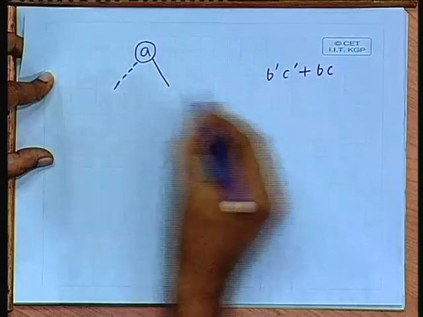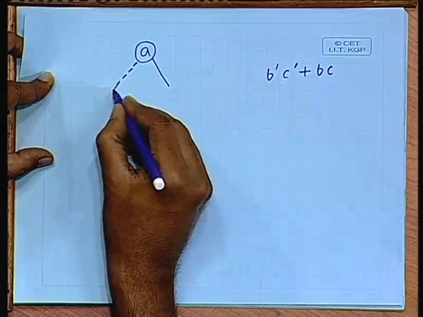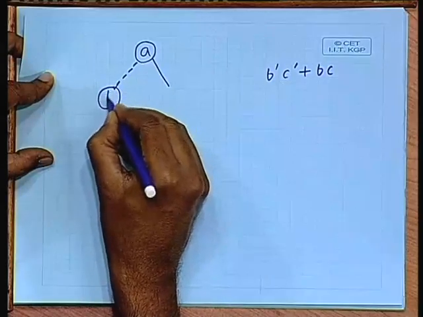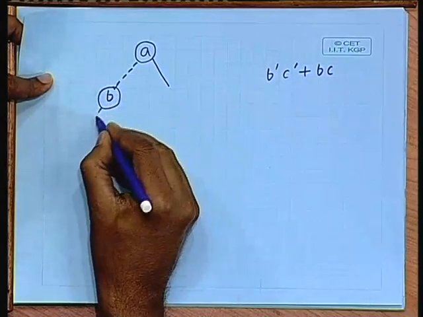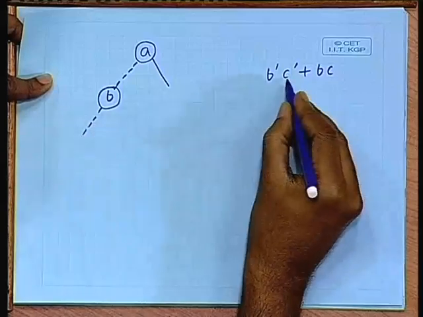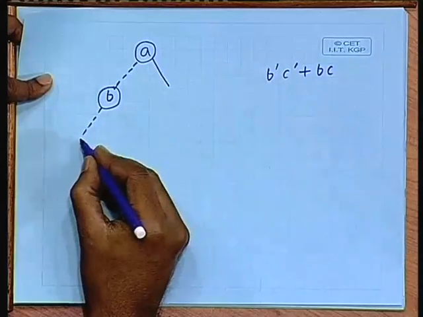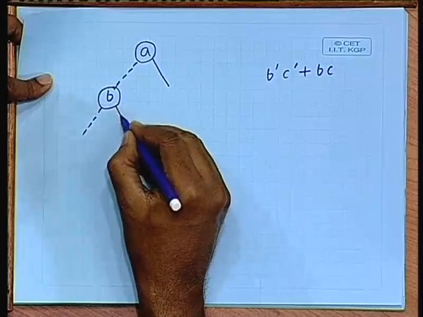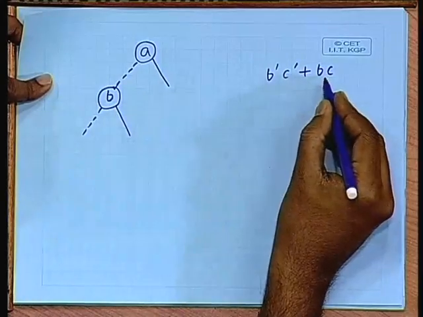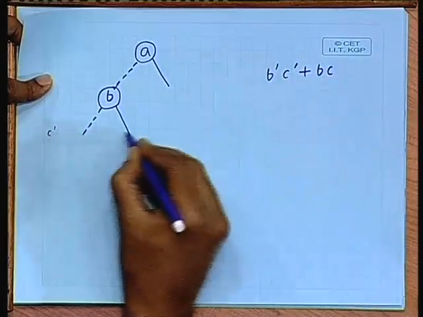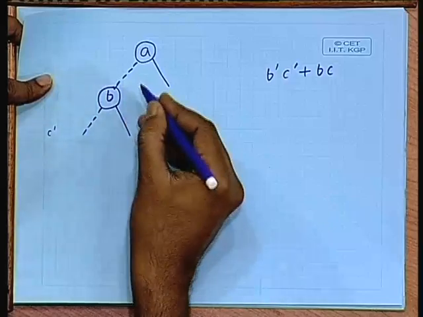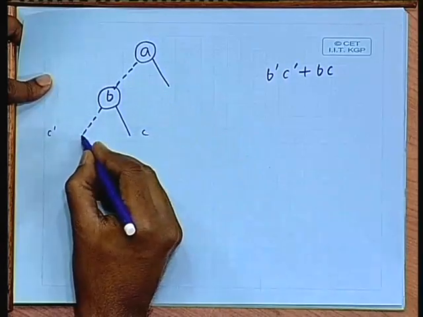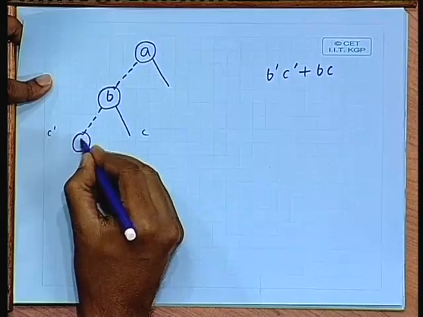Suppose we choose to expand this with respect to b, so we will be getting a node b out here. If b is prime, c prime comes with it. So this side will get c prime and this side will get only c. Just remember, this side is c prime, this side is c. In the next step, here we will be expanding with respect to c.